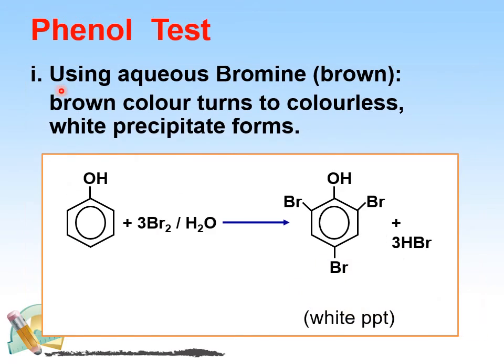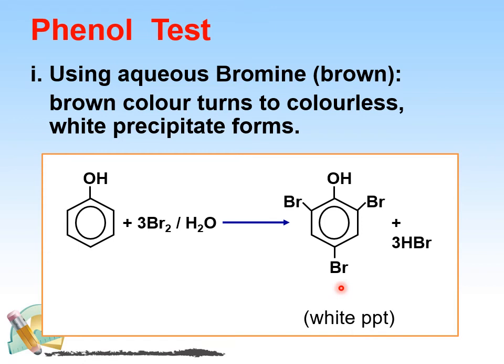The last part of lesson 75 is phenol test, or identification of a phenol compound. Firstly, we can use aqueous bromine, which is brown in color. If we react phenol with bromine in water, the brown color of bromine will turn colorless and the compound formed is a white precipitate.